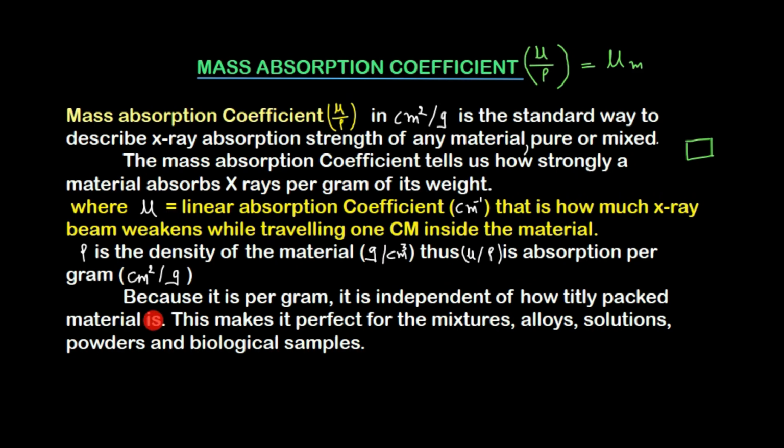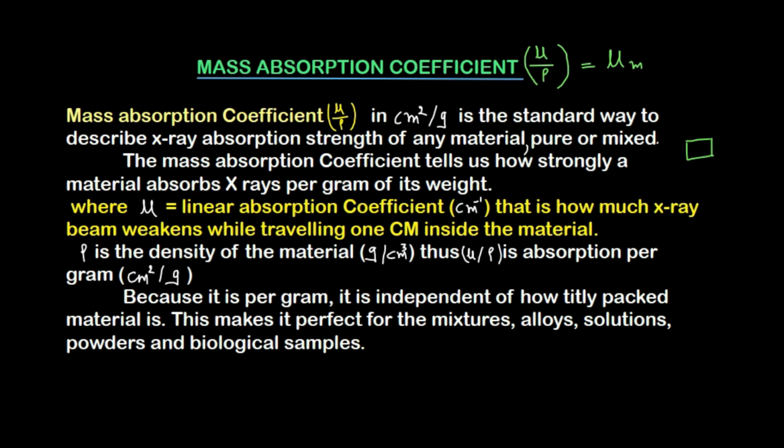This makes the mass absorption coefficient a very versatile method for mixtures, alloys, solutions, powders, or biological samples. Any kind of sample you have, you can determine the mass absorption coefficient of the material in any form. So this is the basic background of the mass absorption coefficient.